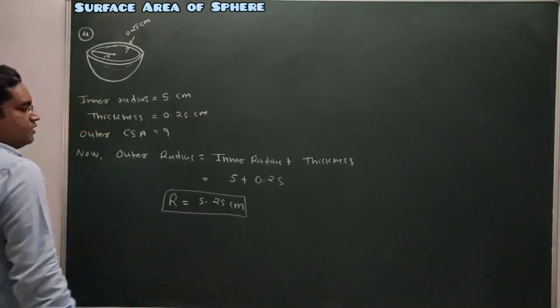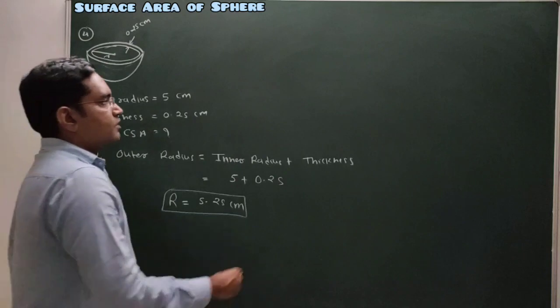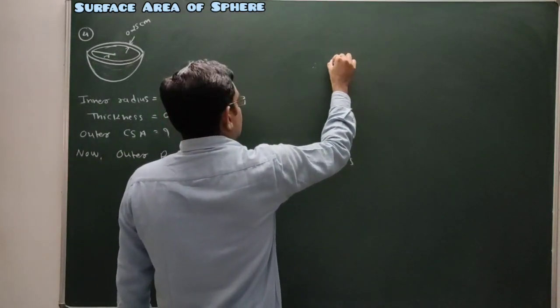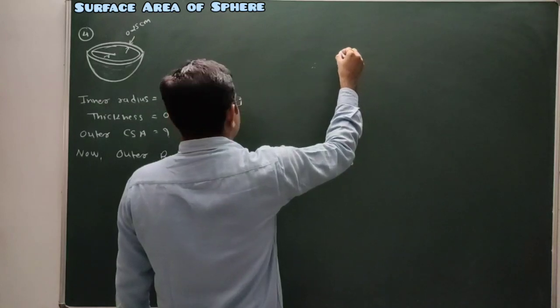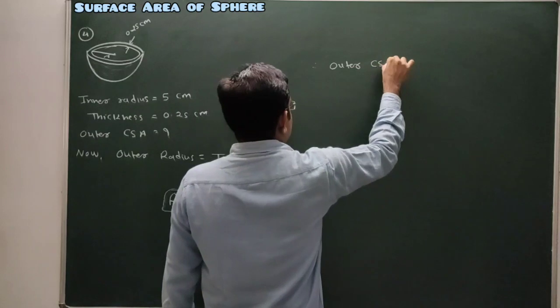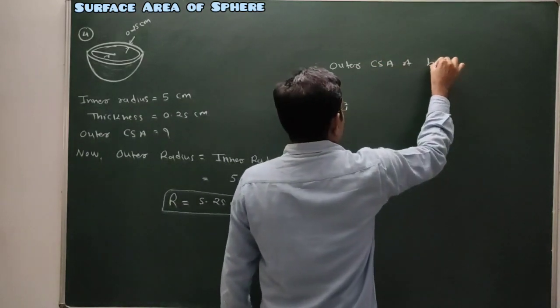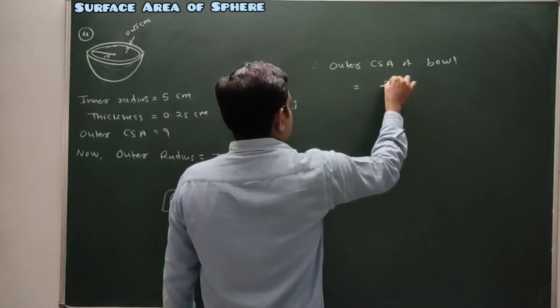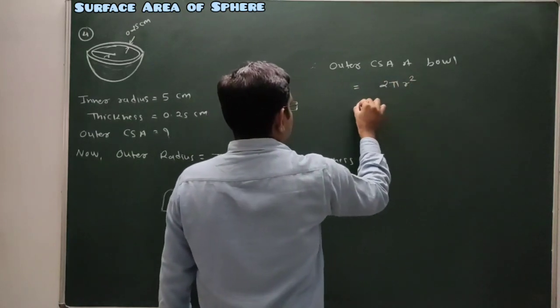Now the outer surface is in the shape of a hemisphere, so we can find the area of the outer surface. The outer curved surface area of the given bowl which is made up of steel is 2 pi r square.